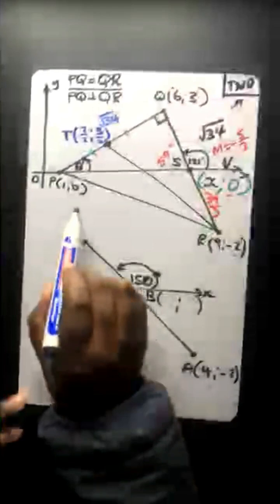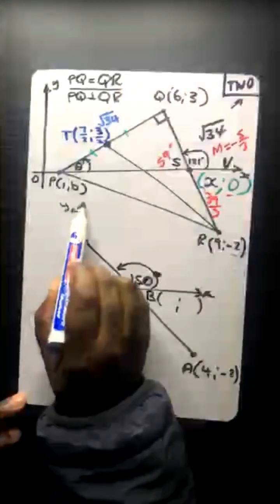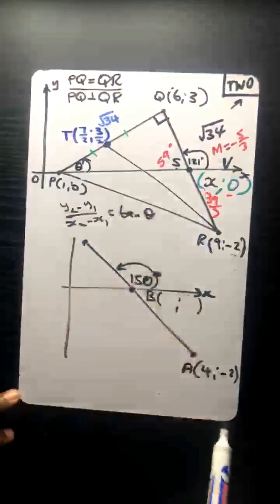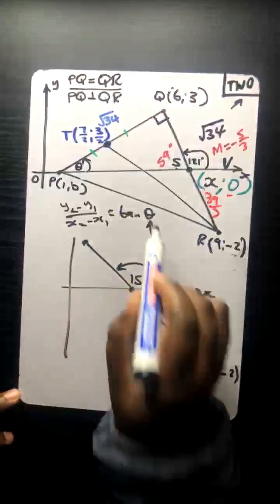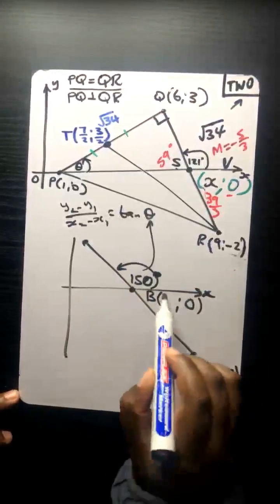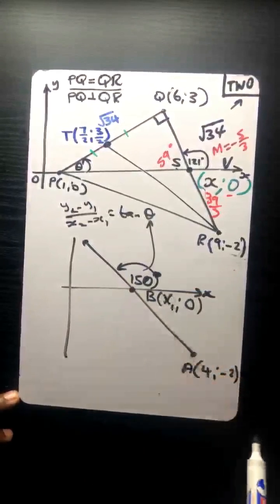So that's when you use the formula y2 minus y1 over x2 minus x1 equals tan of the angle, knowing that something there is 0. Then you just need that x, maybe x1.